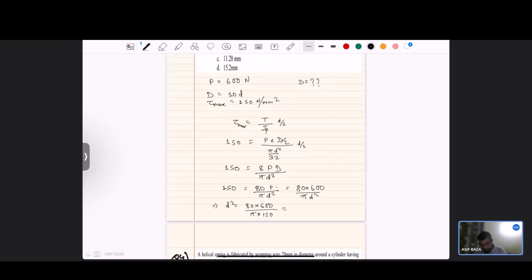So 80 into 600 divided by 150 divided by pi, 101.859.